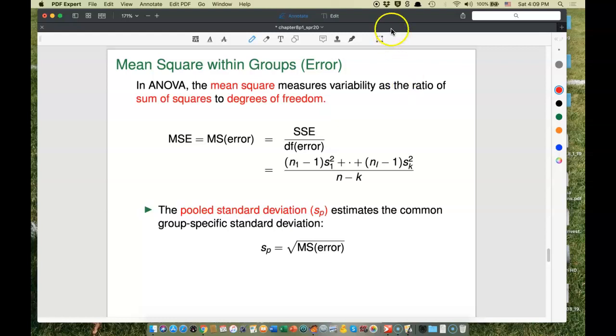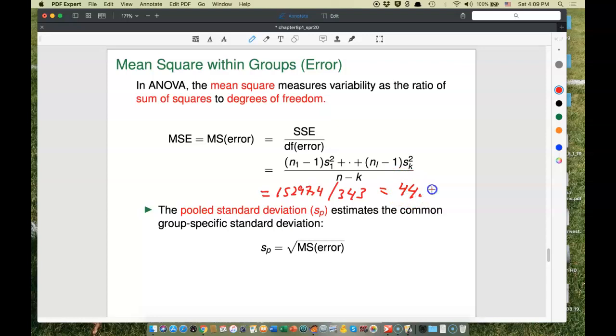And the way we do that is to take that sum of squared errors and divide by the corresponding degrees of freedom. So we take that weighted average, and then we divide through by n minus k. So we already did the subcalculations for that. We had 15,297.4 divided by 343, and we get 44.6.